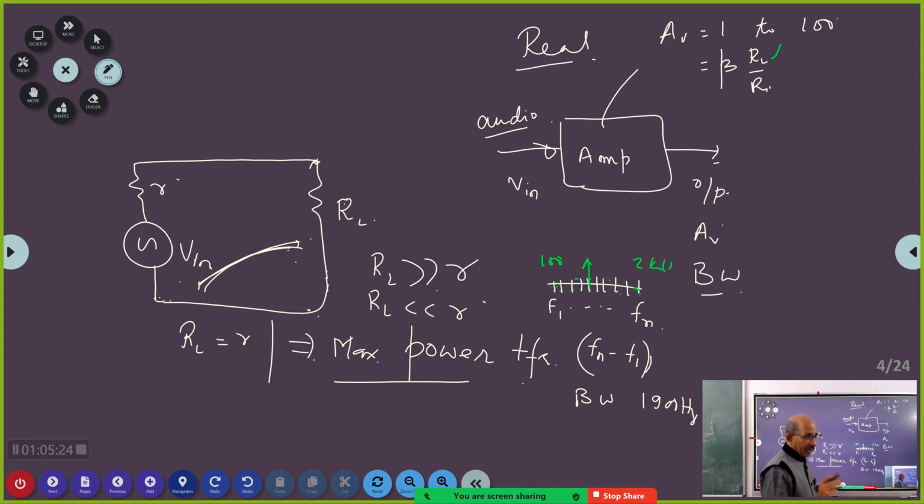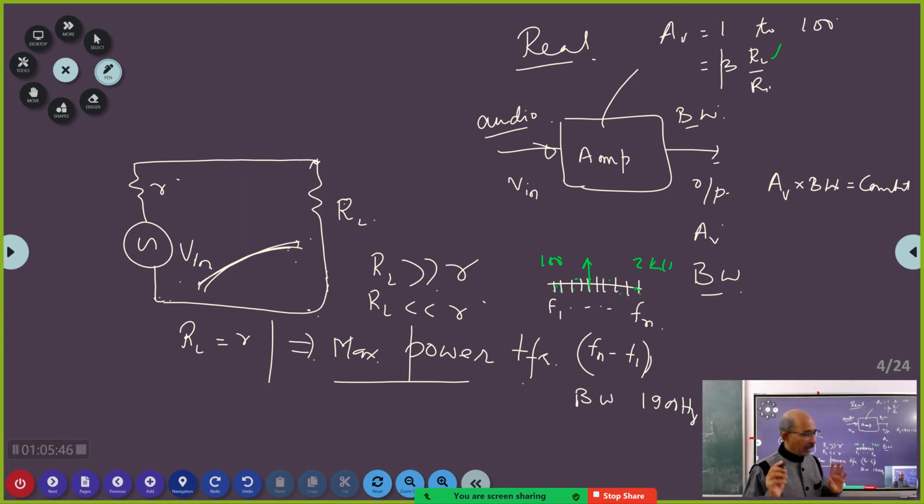Now, every amplifier will have bandwidth. Okay, you will understand this. So, for every amplifier, this quantity, AV into bandwidth, okay, this is constant. AV into bandwidth is constant.